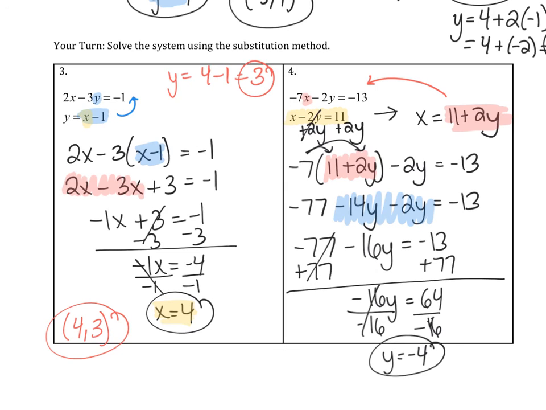Now I'm going to take that y value and plug it back in so I can find my x. And what I would do is take this negative 4 and plug it into the second equation because x is already by itself, so that will make it easier to solve.